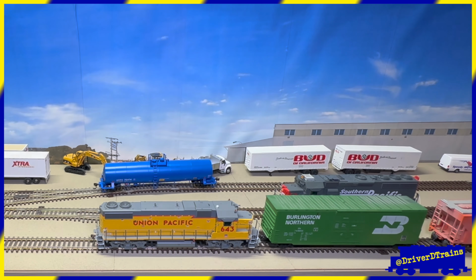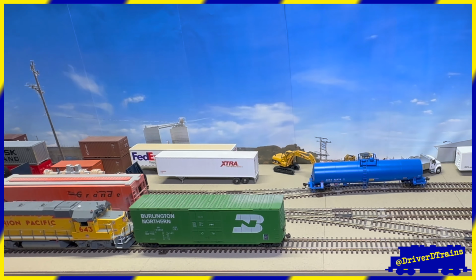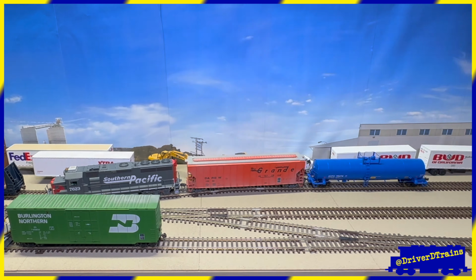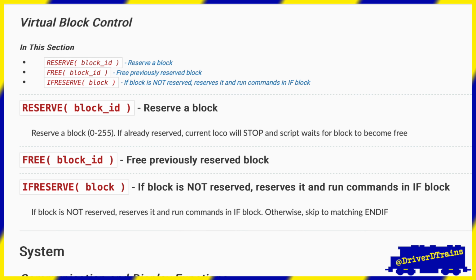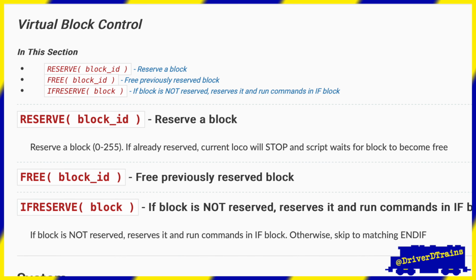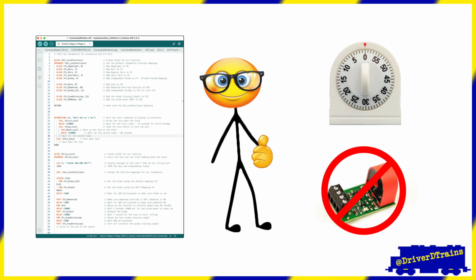After that, we'll look at a more complex example of an automation that uses 2 locomotives working together to switch 3 freight cars from one track to another. To do this, we'll learn some new ways to control the flow of our automations so that they take turns working in tandem. And again, we'll do this without needing to add any additional hardware to our layout.